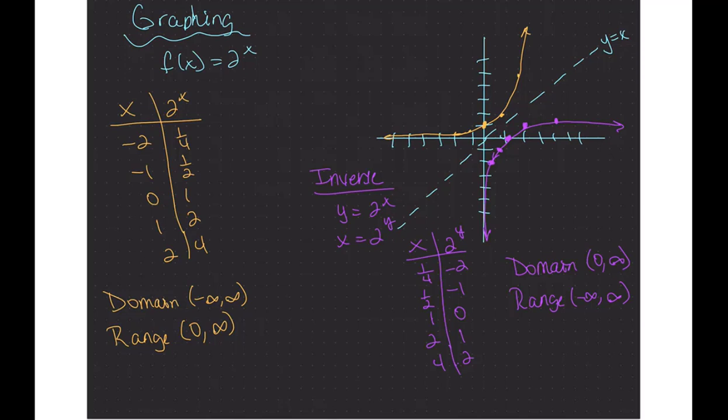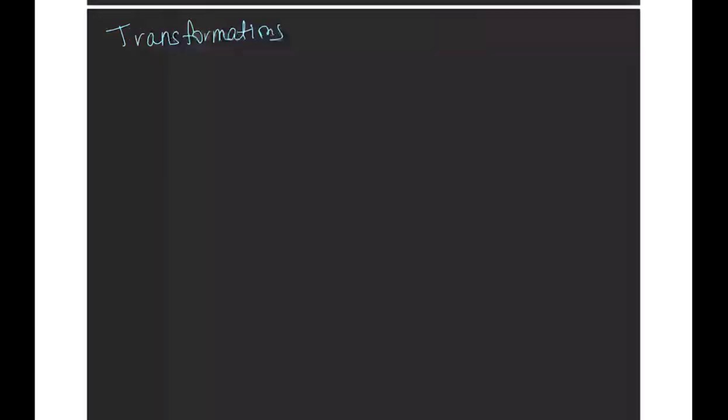All right. Real quick, when it comes to translations or transformations, these are the same processes that happen with all functions. When you want to move things to the right or to the left, or up or down, or shrink, and all of that good stuff.